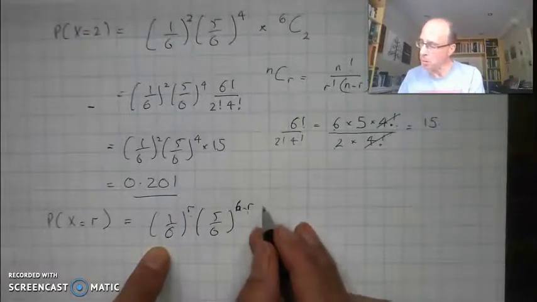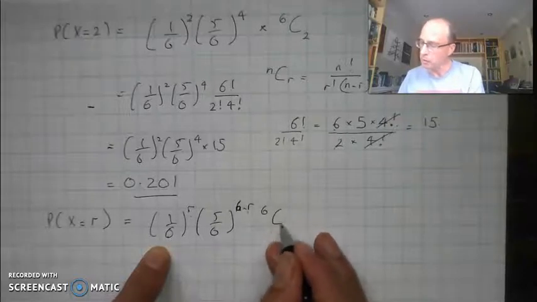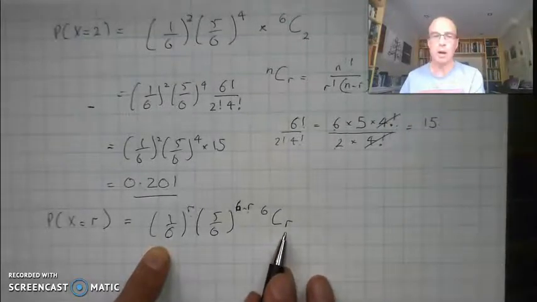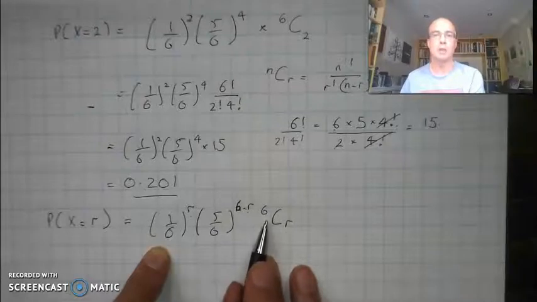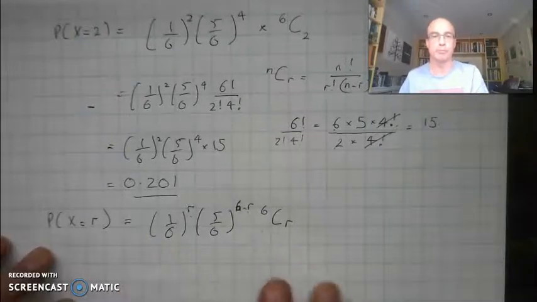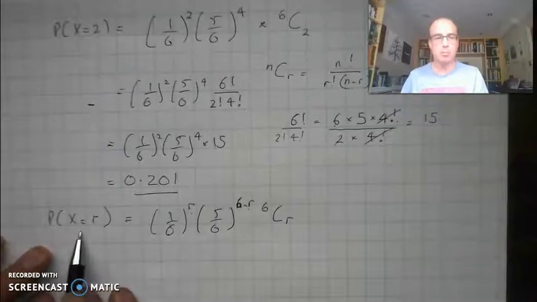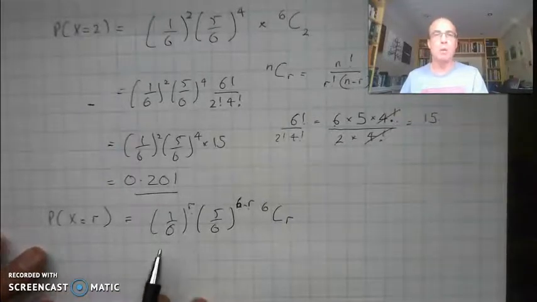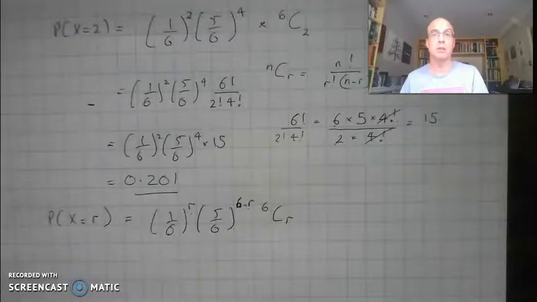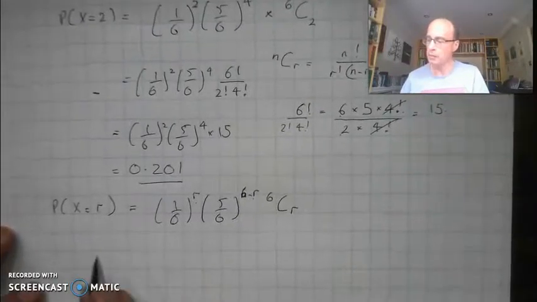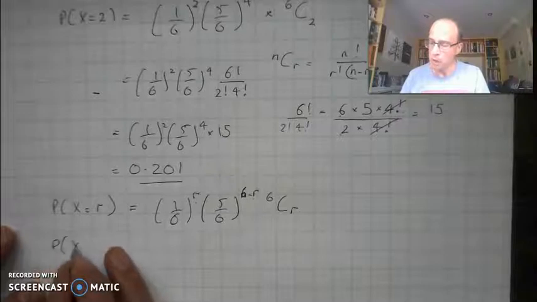And then I need to multiply it by the number of different ways that I can choose my r successes out of my 6 rolls. So that's my probability that X is equal to r with my specific example of rolling my dice and looking at the number of times that 6 is going to occur. I can come up with a more general expression.